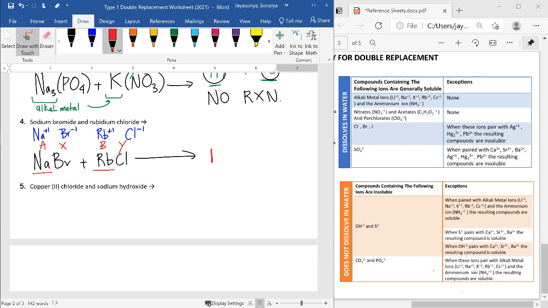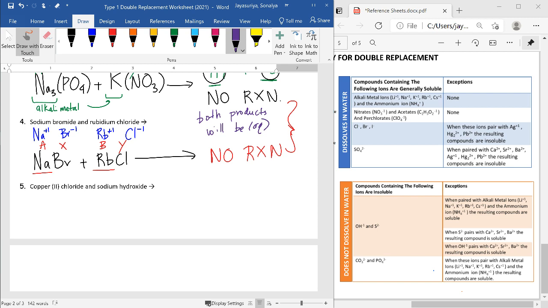Again, no reaction because for both of these, both products will be aqueous. In both these situations, because they both will start with alkali metals. So in that situation, don't even have to write any products.